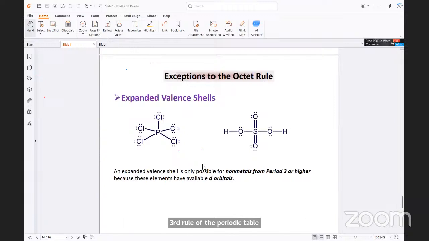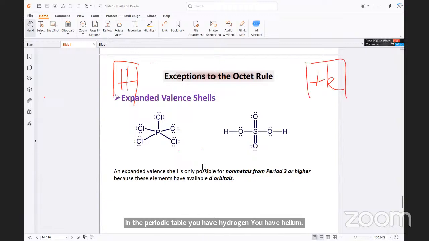In the periodic table, you have hydrogen and helium. Those are the first row of the periodic table. Then you now have lithium and neon. Let me write this properly so that we'll be able to see what I'm trying to say.